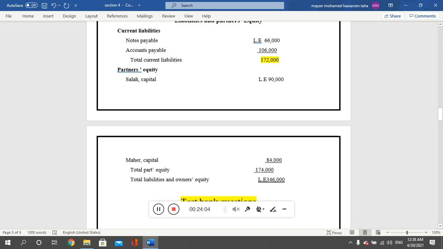Total liabilities is $172,000, and total partners' equity is $174,000. So the total liabilities plus partners' equity will be $346,000, and this side must equal the asset side, as we said before.